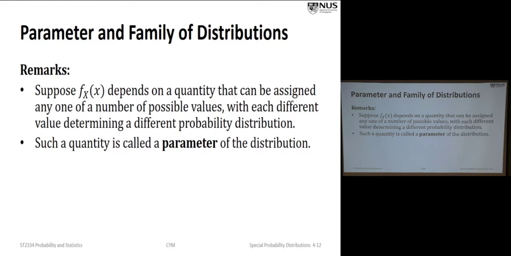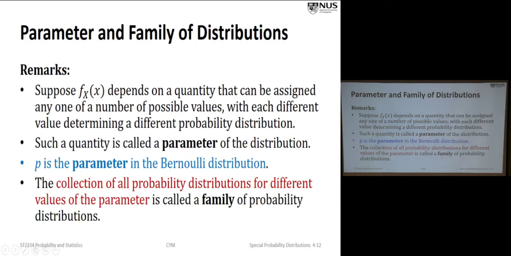So in the example just shown, the Bernoulli distribution, the parameter is p. P is the unknown parameter. This collection of all probability distributions with different values of the parameter is called the family of probability distributions. That means they belong to the Bernoulli distribution family.